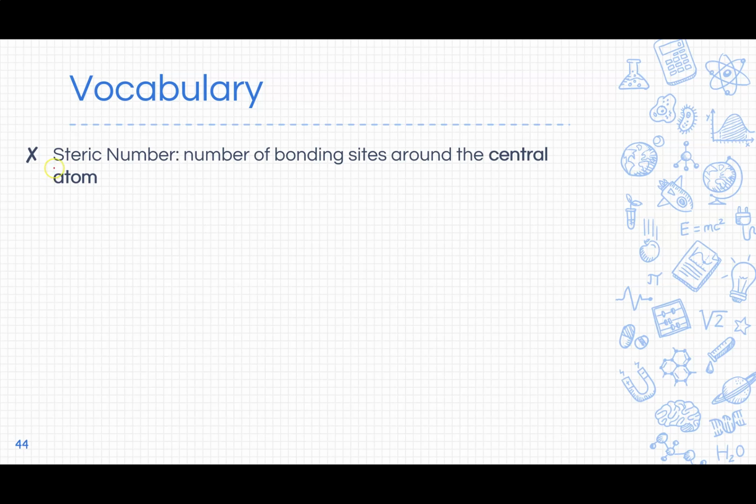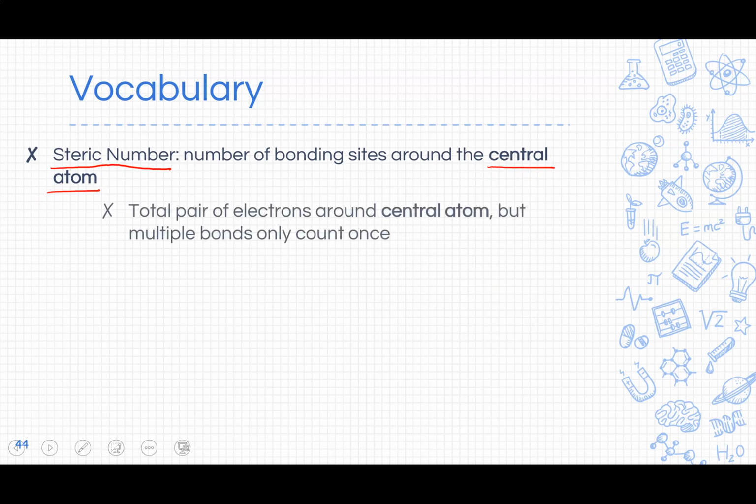The first piece of vocabulary we're going to need to know is steric number. That's most likely a vocabulary word that you haven't heard of before. That is the number of bonding sites around the central atom. Okay, notice that we're focused on the central atom. So it's the number of bonding sites around the central atom. Okay, to get that, we're just going to look at the total pairs of electrons around the central atom.